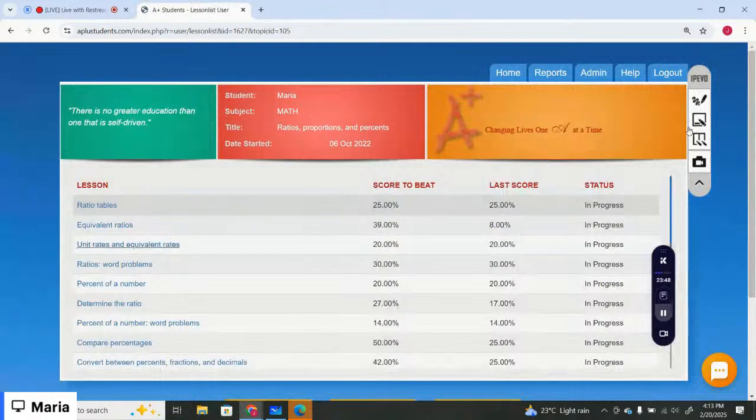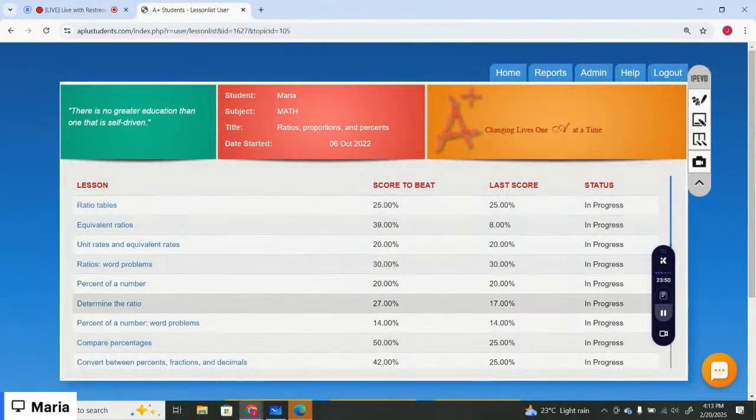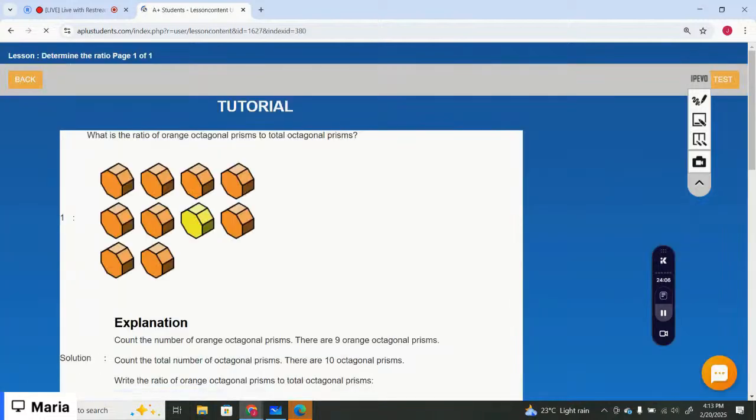The next lesson is determine the ratio. What is the ratio of the orange octagonal prisms to the total octagonal prisms?